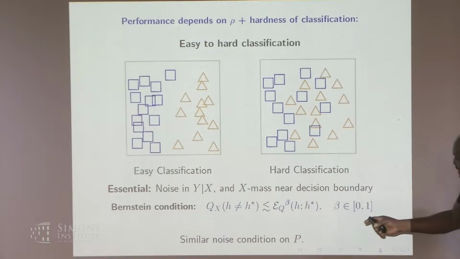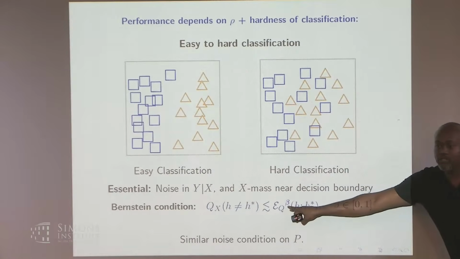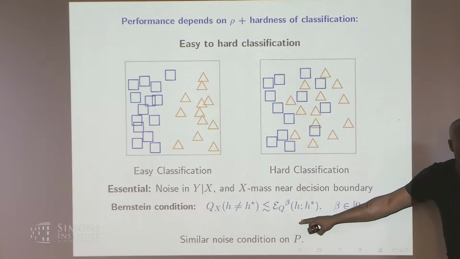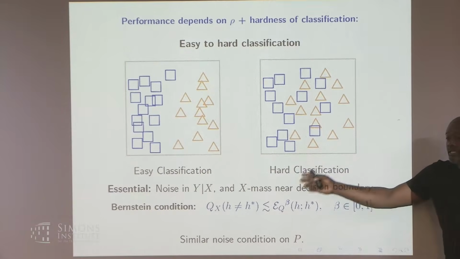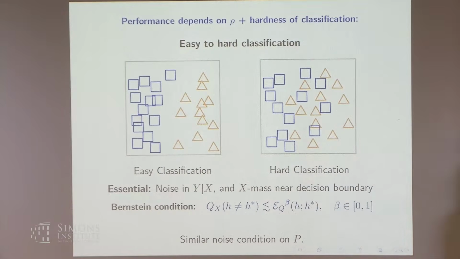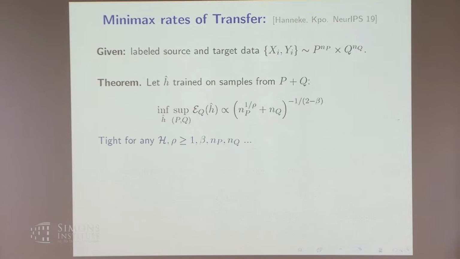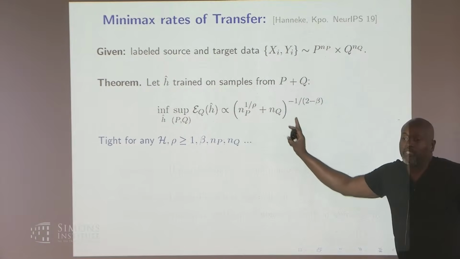For the sake of this talk, I'm only going to assume a single noise condition on both source and target. In the paper, there is a beta P, a beta Q. Those who are used to Tsybakov's type of noise conditions, if H star is the Bayes classifier, then you can relate the two. All right, so given labeled source and labeled target, the minimax rate is what I'm giving in terms of this rho here.